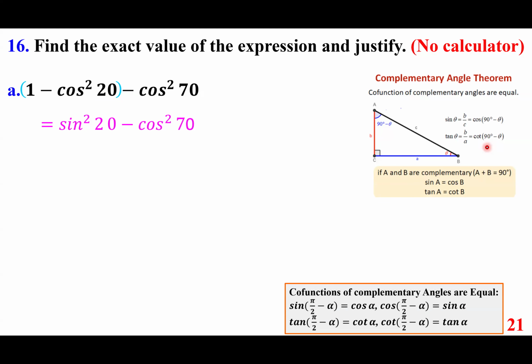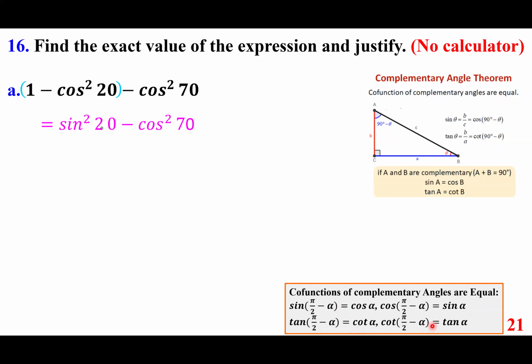We call them complementary angles. They add up to 90 degrees, or cofunctions. So cofunctions of complementary angles are equal. Sine of π/2 − α and cosine α are the same. Cosine of π/2 − α and sine of α are the same. Same thing works for tangent and cotangent.